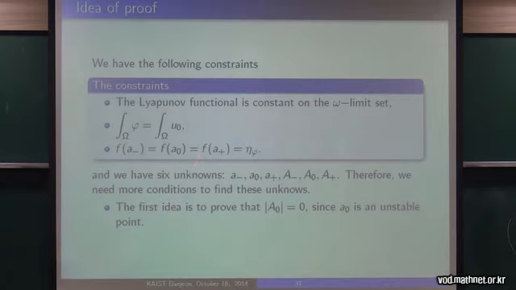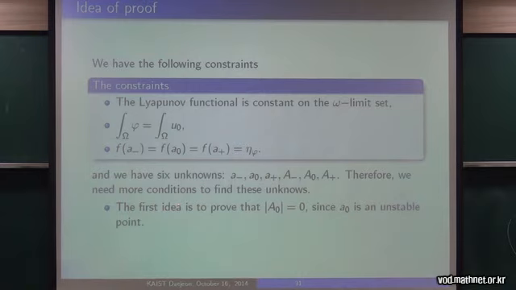And here we have, say, 4 equalities, but 6 unknowns. We have as unknowns the values A minus, A naught, and A plus, and the sets capital A minus, capital A naught, capital A plus. So we need many more conditions to characterize functions of the omega limit set.